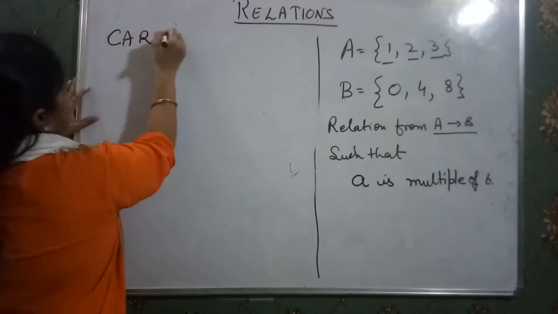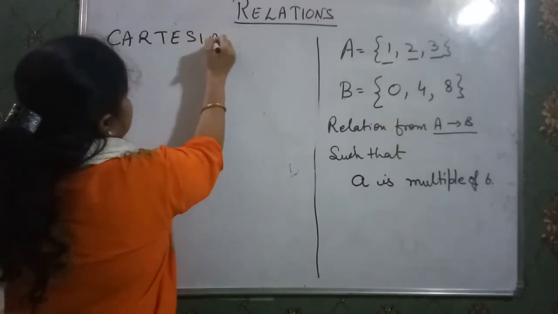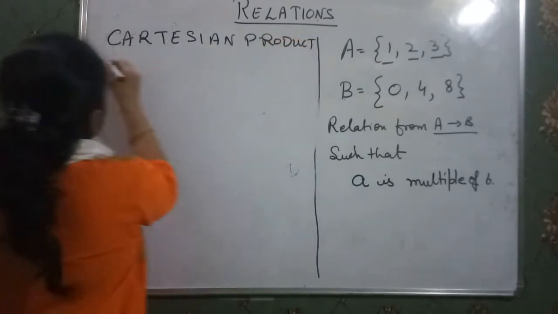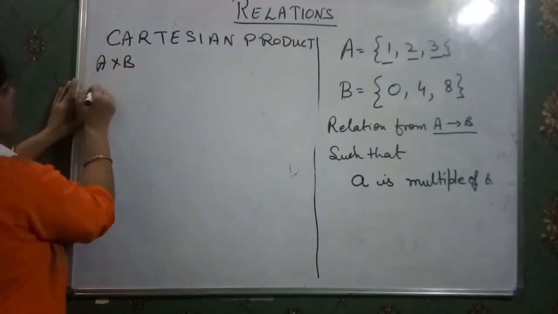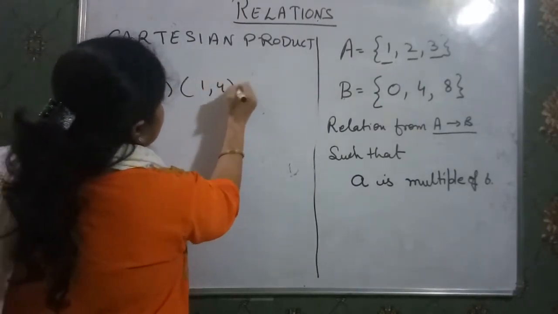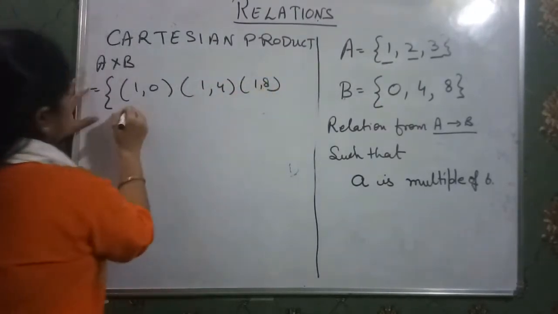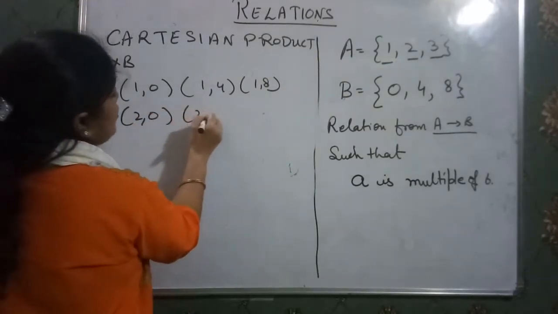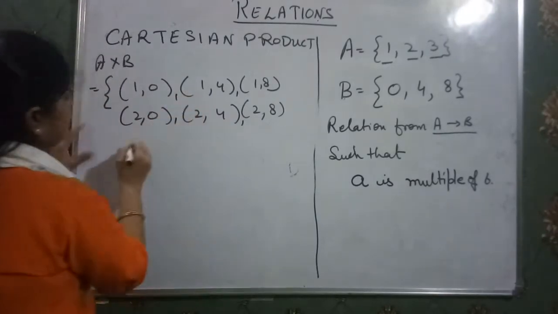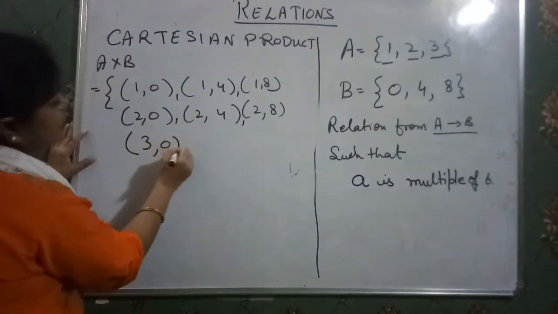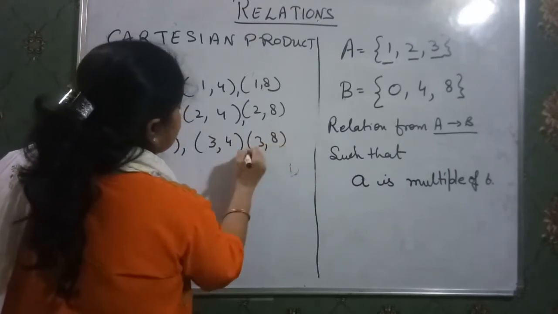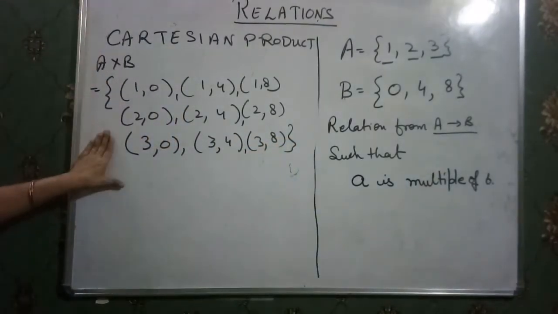A cross B becomes 1 comma 0, 1 comma 4, 1 comma 8, 2 comma 0, 2 comma 4, 2 comma 8. Put the comma in between them. Then 3 comma 0, 3 comma 4 and 3 comma 8. Clear? So this is the whole Cartesian product.